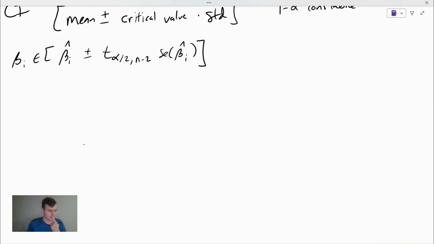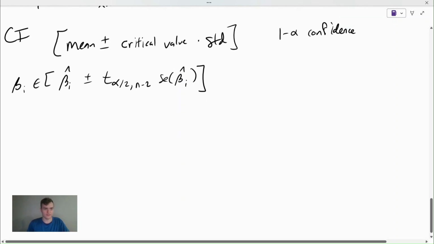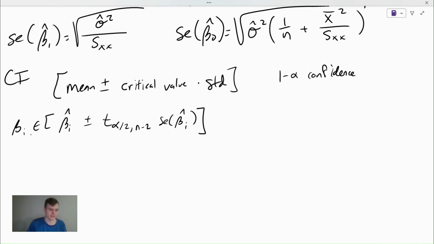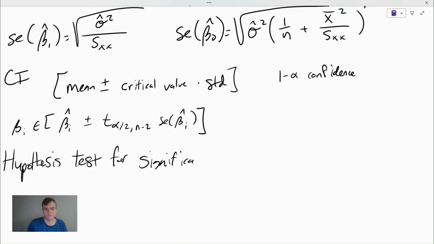And then besides a confidence interval for beta hat 1, beta hat 0, we can also do a hypothesis test for significance of estimated parameters.